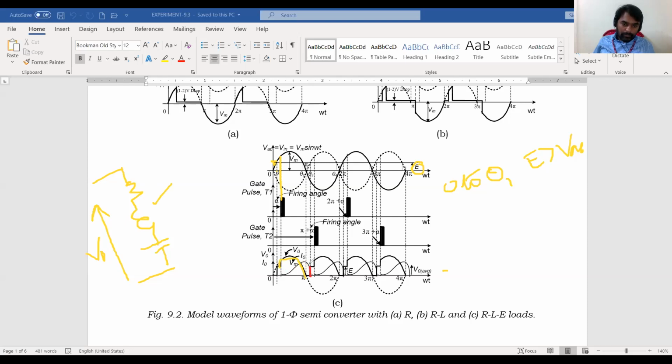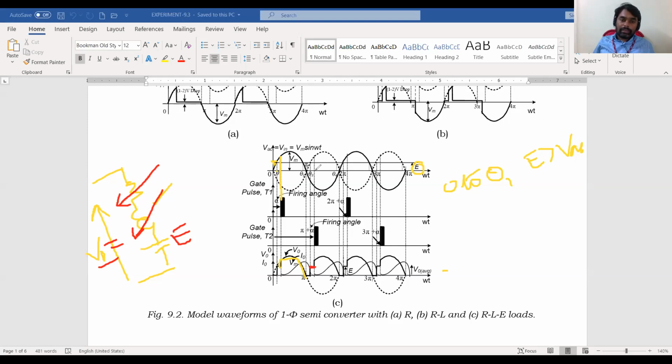During the short interval, there is no output current. If there is no output current, there is no voltage associated with resistance and no voltage associated with inductance. Then the battery voltage is equal to your output voltage. So during this interval, you can see only the battery voltage, which is 50 volts here.